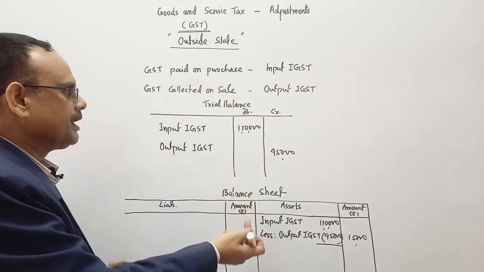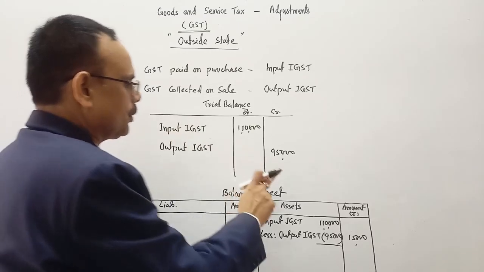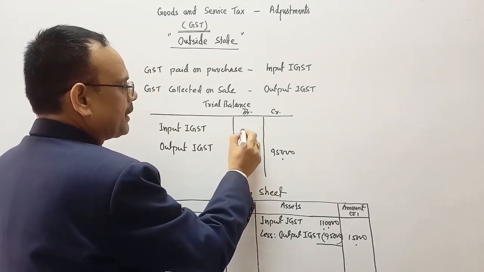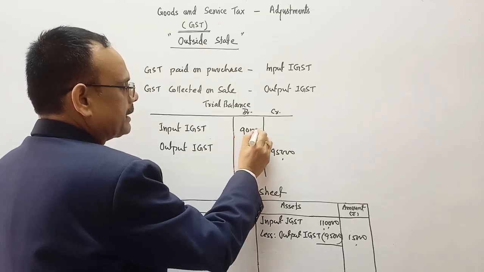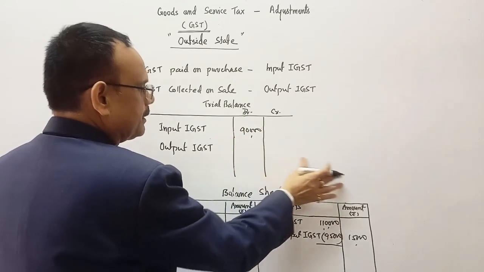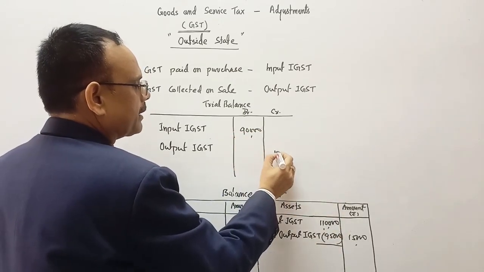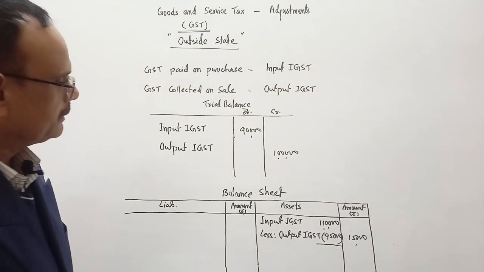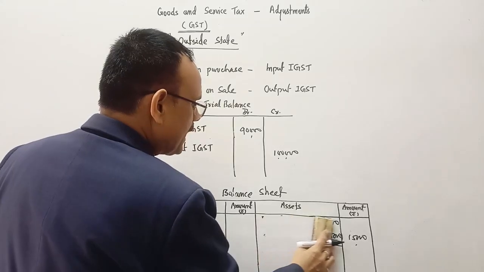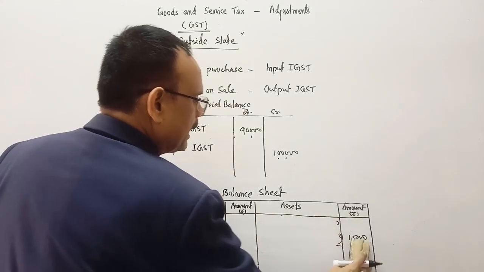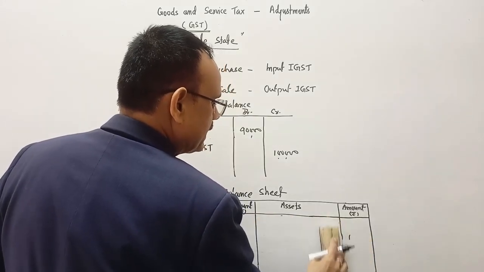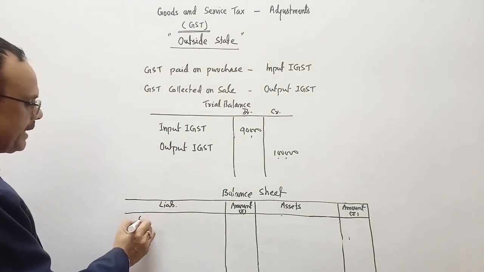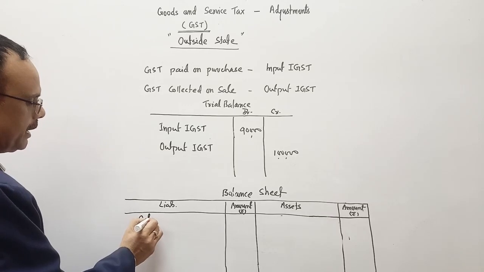It's an asset. Vice versa, suppose here it is 90,000 and here it is 1 lakh. Then here the output IGST is more and input is less, then in that case this will be reflected on the liability side.